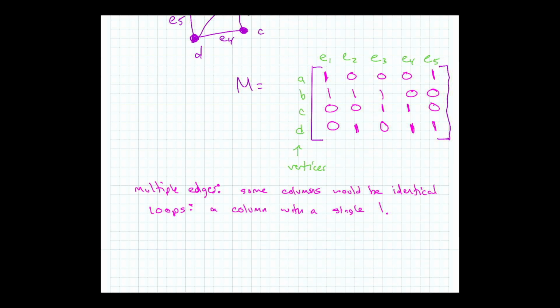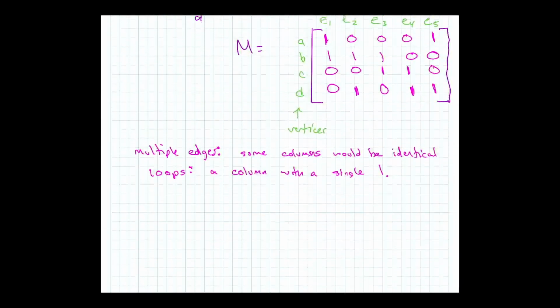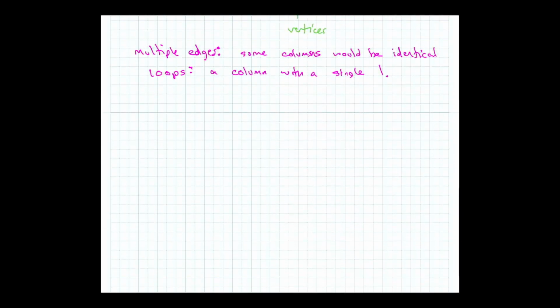Yeah, that's about it for adjacency matrices and incidence matrices, which of course are different kinds of matrices. What we need to talk about now is isomorphisms.